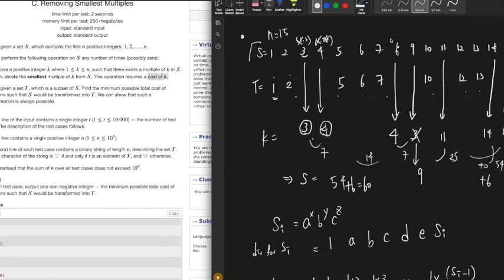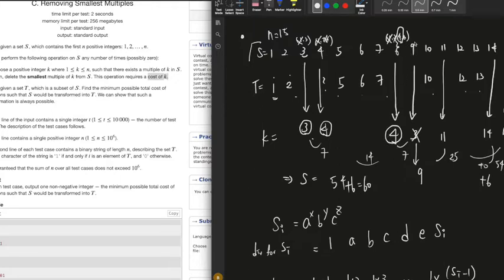And the divisors of 8 are 1, 2, 4, 8. We have 1 and 2 in T, and we don't have 4, right? So we can use k as 4.